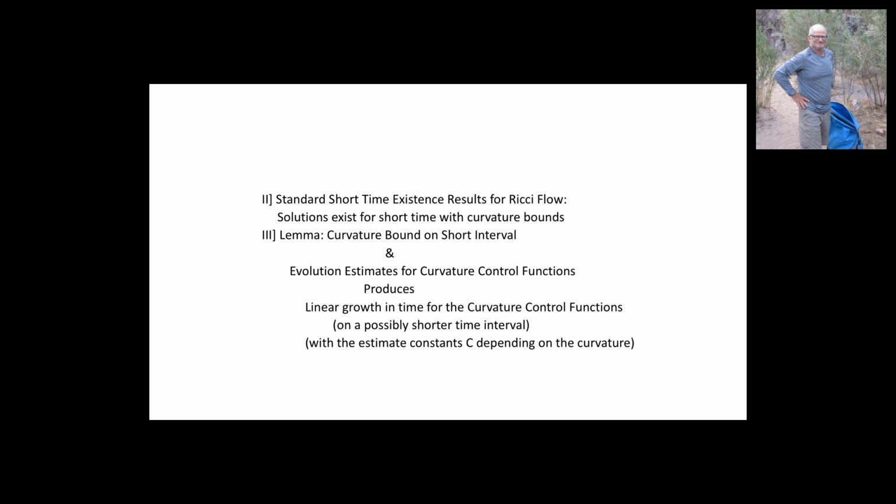The third step is to prove a lemma which shows that, with these curvature bounds on the short intervals and the evolution estimates for the curvature control functions, this produces a linear growth in time for the curvature control functions on a possibly short time interval, but with the important thing that the estimate constants depend on the curvature.